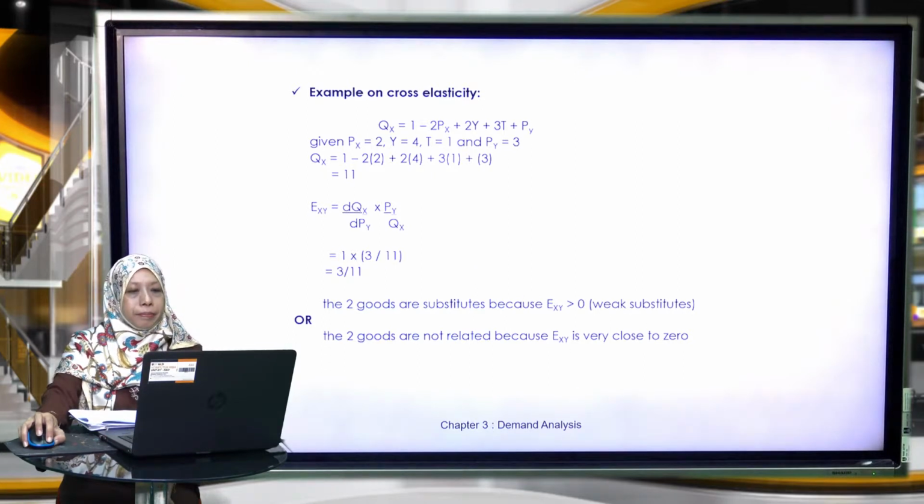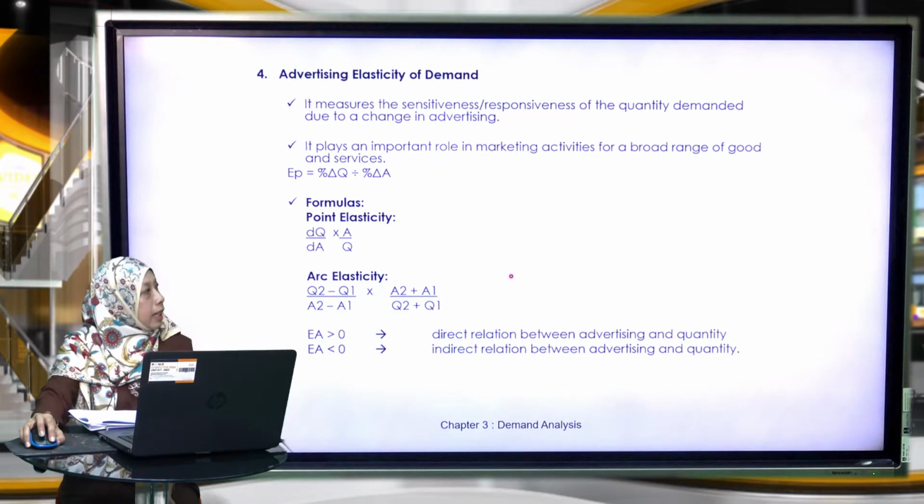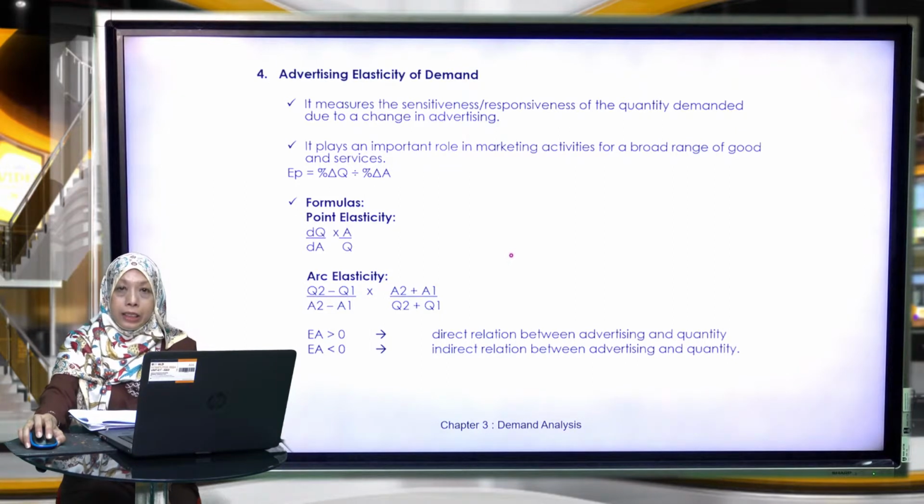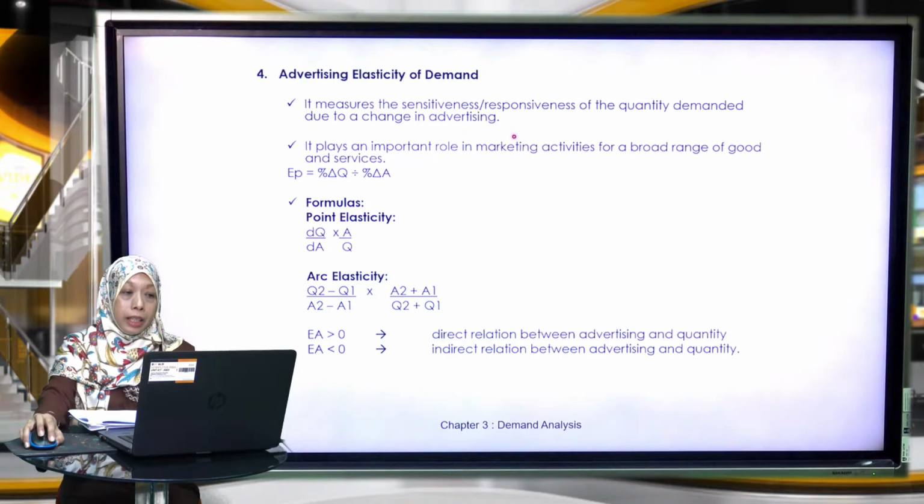Now, the last type of elasticity that we're going to look at is advertising elasticity. Advertising elasticity allows us to identify how sensitive demand is when advertising changes. In other words, it will help us to identify the percentage change in quantity demanded when advertising expenditure changes by 1%.